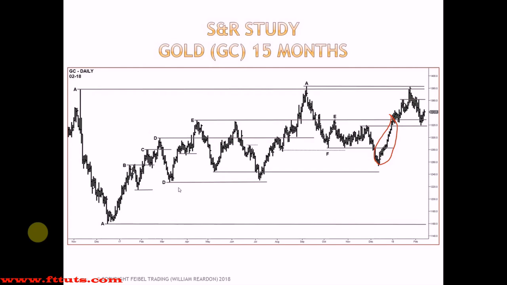There is nowhere that has better buying than this on the chart. Not there, not there, not there, not there. That is the best buying on the chart. Unsurprising that we hold here.